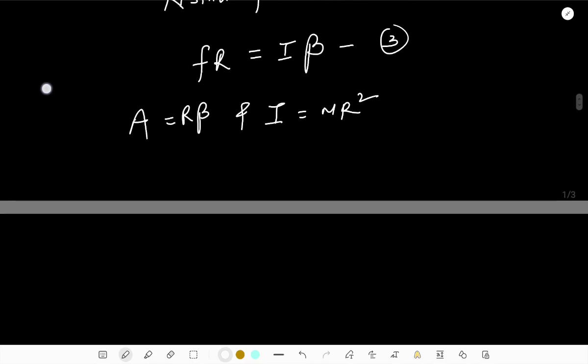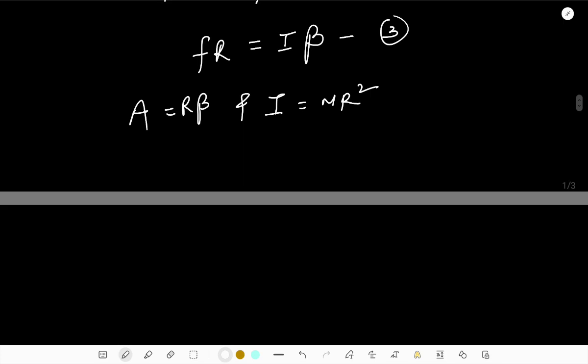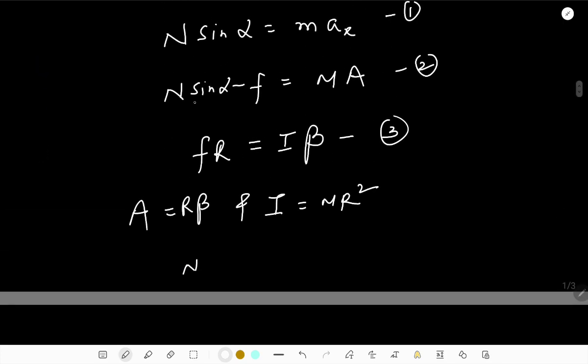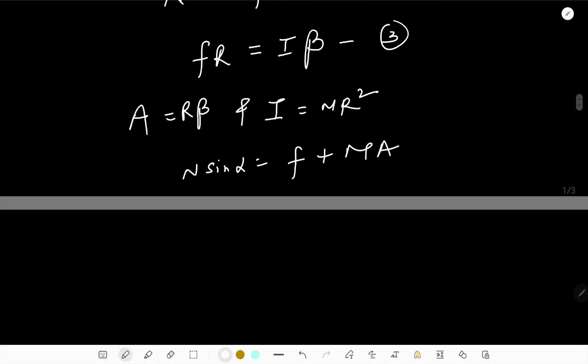And from the second equation you can say that N sine alpha equals f plus ma, and we are going to manipulate or rewrite the right hand side of this equation, or we are willing to find the value of f plus ma, and you can see here f can be written as I beta upon r, and ma as well.